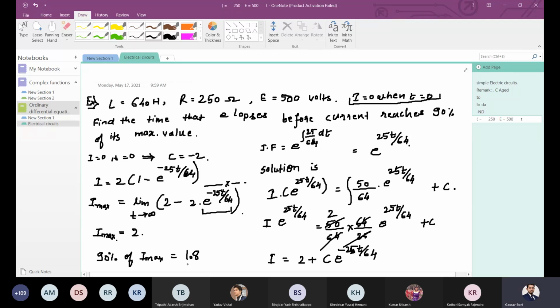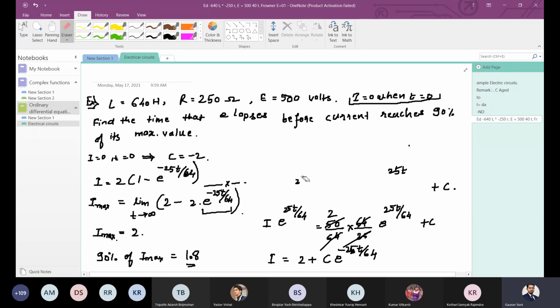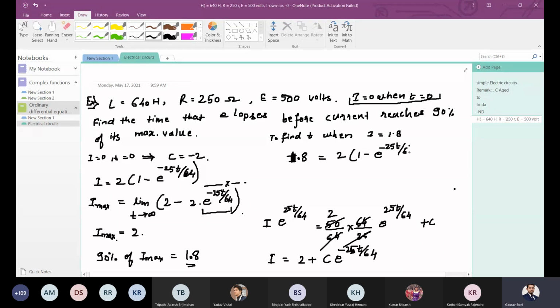So we need to find the time when the current will be 1.8. So to find t when I is equal to 1.8, 1.8 is equal to 2 into 1 minus e to the power minus 25 t by 64.